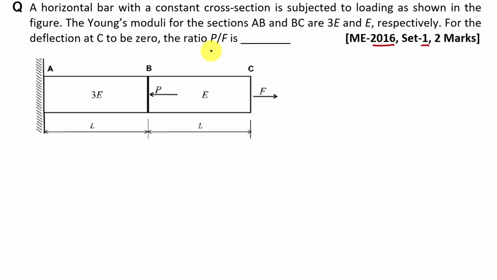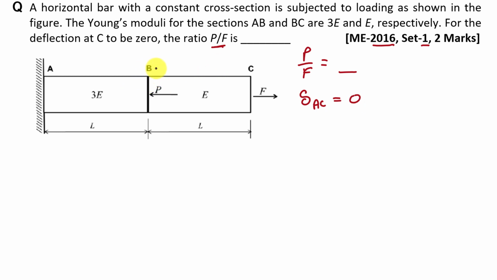Here we have to find the ratio of P divided by F, and we want the value of deflection at surface C to be 0. Actually, deformation between surface A and surface C should be 0. We can say that delta between AC should be 0.